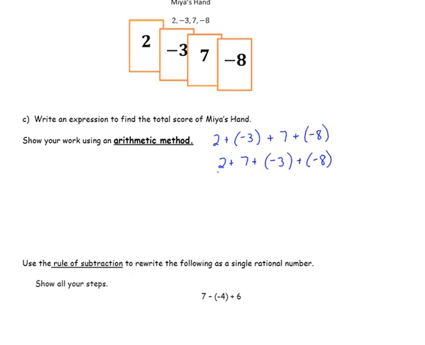I'm going to add my positive numbers, then I'm going to add my negative numbers, and then I'm going to find the final score. These are different signs, so we subtract, and we have more negatives, so the answer is negative. So the score is negative 2.